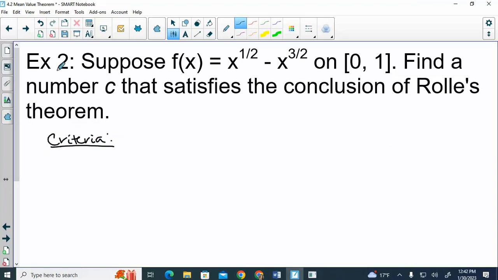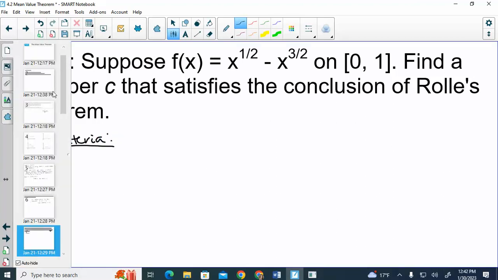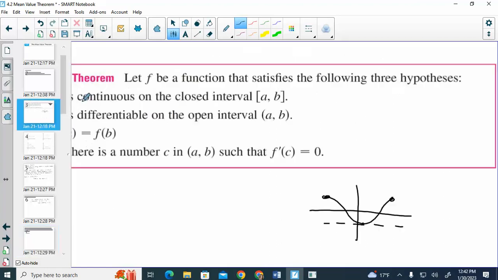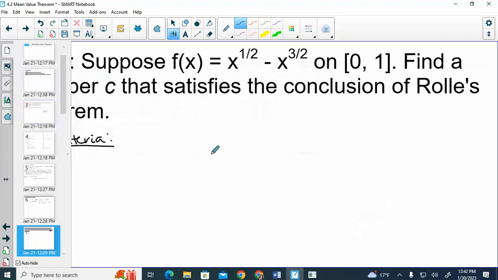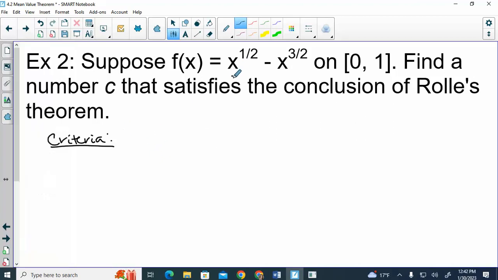What has to be true in order to use Rolle's theorem? First, it has to be continuous on the closed interval, and differentiable on the open interval. All right, so this is like saying the square root of x minus the square root of x cubed.